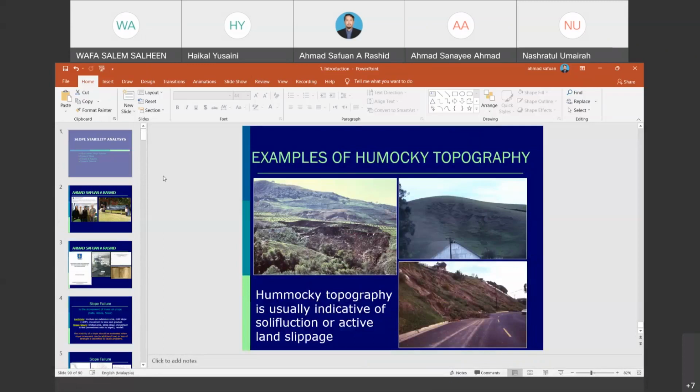By next week, we may discuss the limit equilibrium approach, on how to derive the equations for the factor of safety based on the limit equilibrium. So I guess that is enough for today.